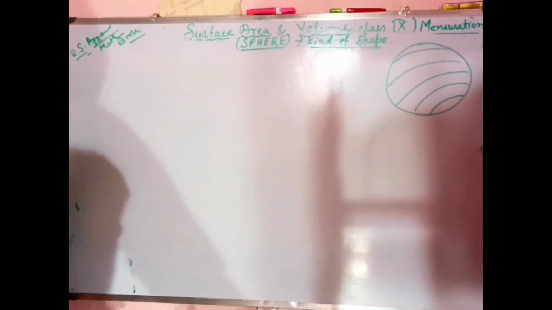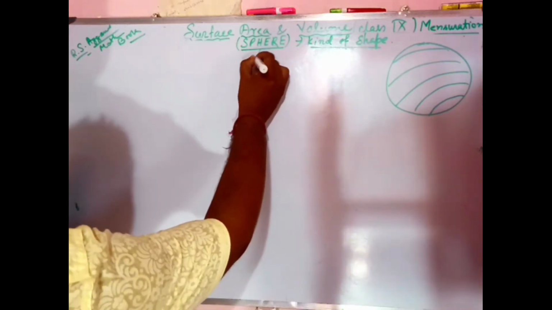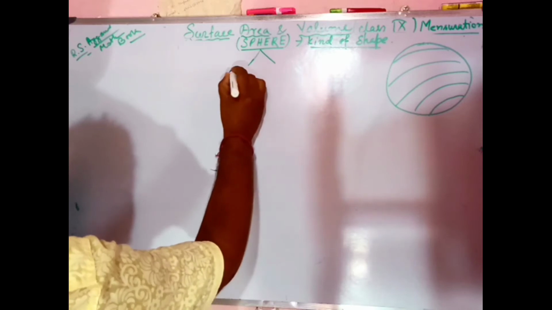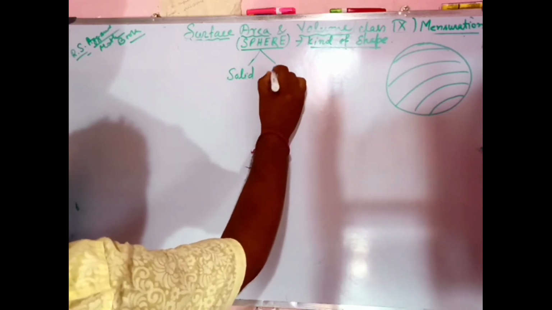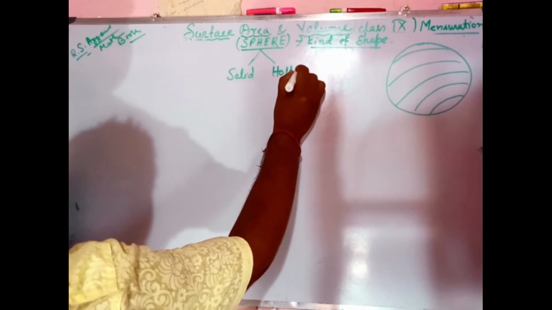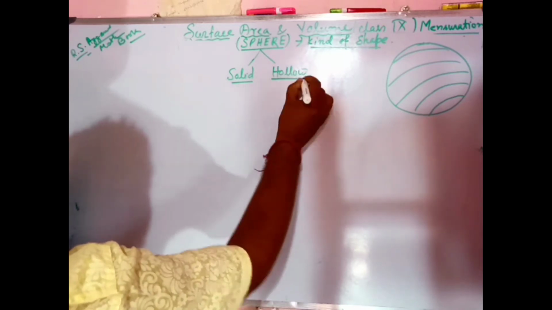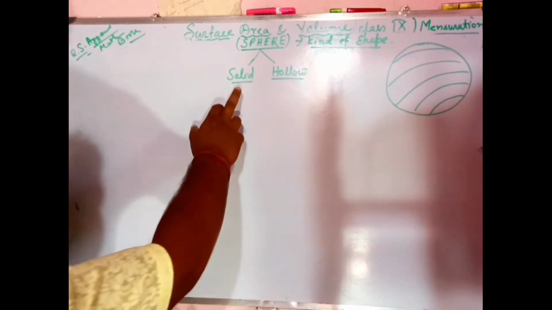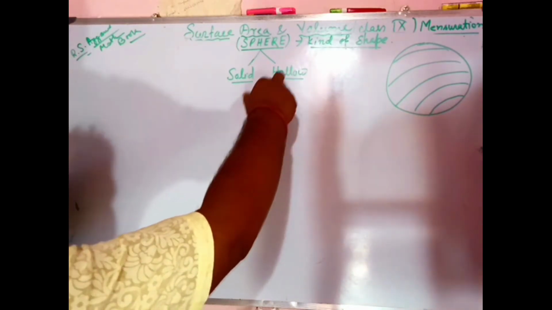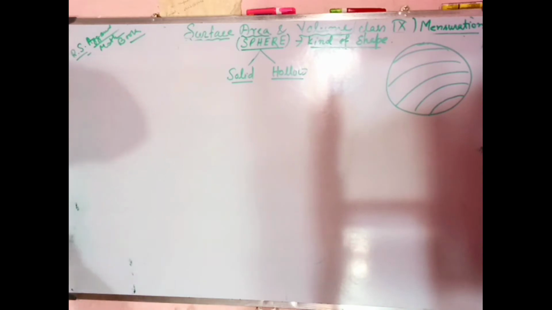Now there are two types of sphere. One is solid, another is hollow. We are going to discuss the volume and surface area regarding these two types of sphere, and one more sphere is there, that is the hemisphere.